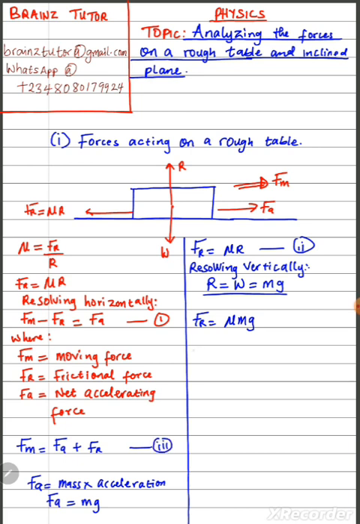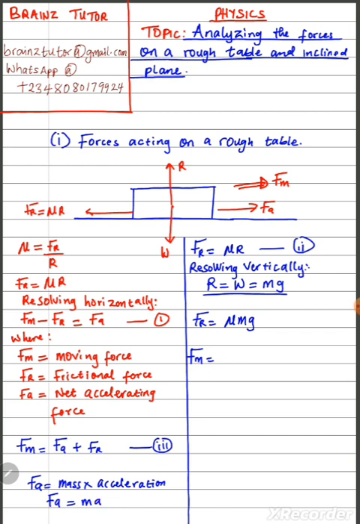If I put this value of Fr into equation 3, I have that my moving force equals Fa, which is equal to mass times acceleration. Okay, there is an error here. This should be ma.